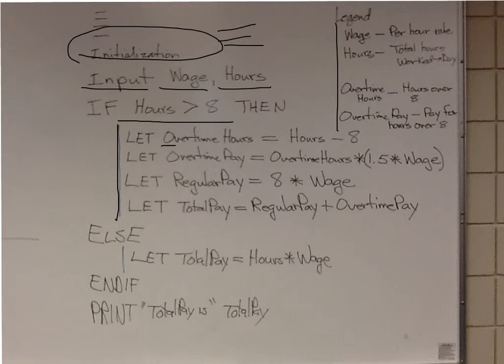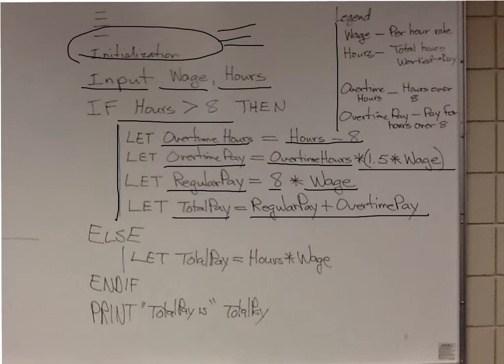And here we figured overtime hours, hours minus 8. There's other ways to do this. The overtime pay is the overtime hours times 1.5 times the wage. Regular is the first 8 hours times the wage. Total pay is regular pay plus overtime pay. Else, total pay is hours times wage.